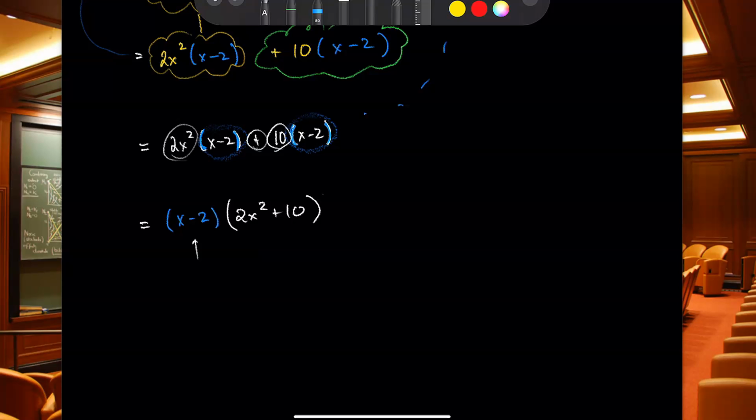This one's pretty simple inside, right? This one here, though, both of these terms are divisible by 2. And so we can pull out that 2 to completely factorize it. We could write this as 2 times x minus 2 times what must have been left inside here. If I pulled out a 2, it must have been x squared plus 5.